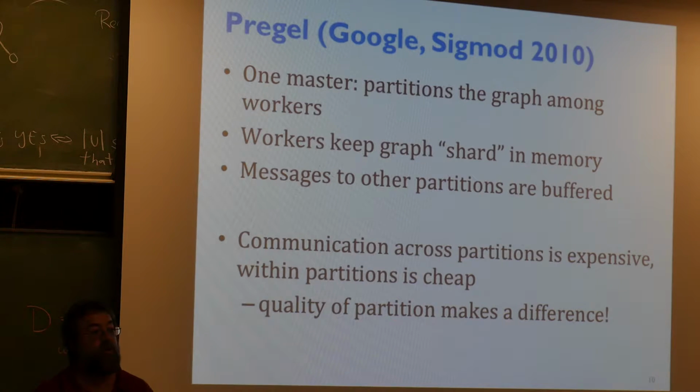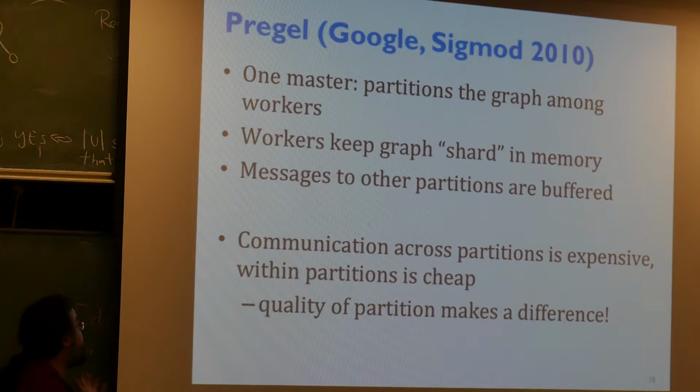If you have to go to another partition, that means you're sending a message to another worker, all right? So that's expensive communication. Typically you're sending a message out to the network and you have all the communication overhead that entails. So communication across partitions is expensive. Communication within partitions is cheap.